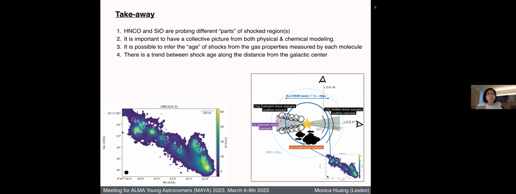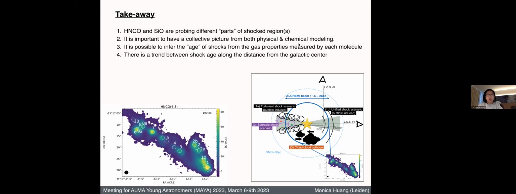ALCHEMI is special because it provides us tons of molecular lines. So I think this is probably the first study where we can get such well characterized properties, but indeed, last year we had a paper studying another galaxy, an AGN host galaxy, using the same pair of tracers, and they are pointing to similar properties.